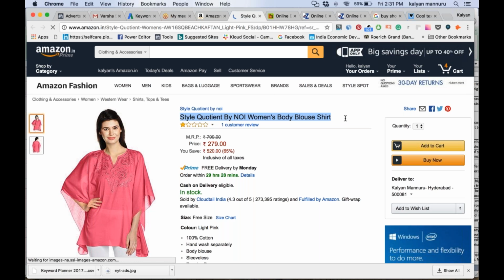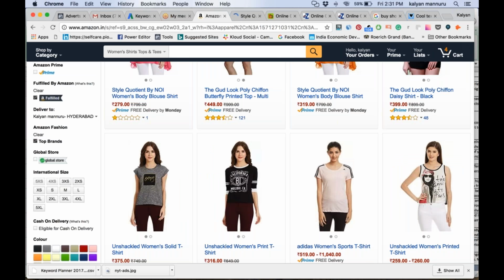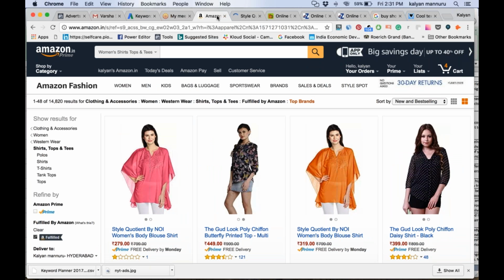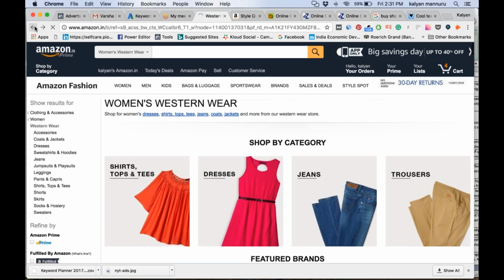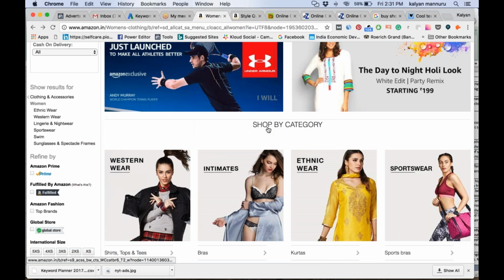They are converting the title of the product into the page title. So if someone is searching for women's body shirt, they should be able to reach here. If someone is searching for buy t-shirts for women, they should be reaching here. If someone is searching for buy western wear for women online, they should be reaching here. If someone is just searching for women's fashion, they should be reaching this particular page.